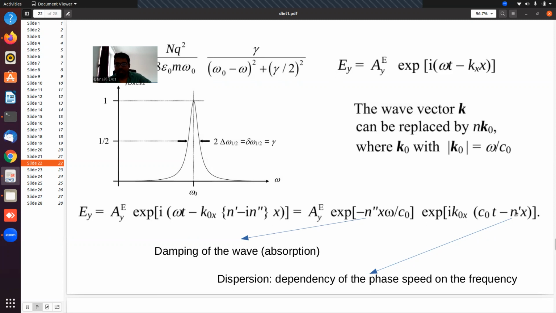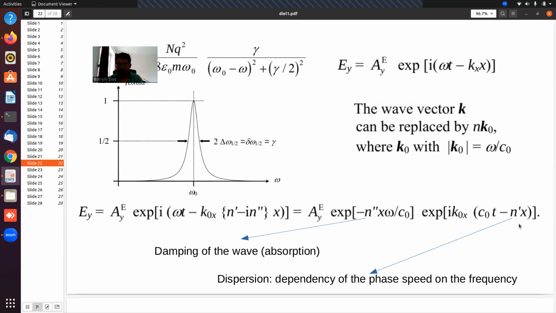So the real and imaginary parts of the refractive index have two different influences. The imaginary component damps the wave, which is why the imaginary part of the refractive index is connected to the absorption. If we measure the imaginary refractive index frequency dependent, then we get the absorption band of that system, and the real part is dispersion. Dispersion means scattering and any kind of phase change in this propagation.